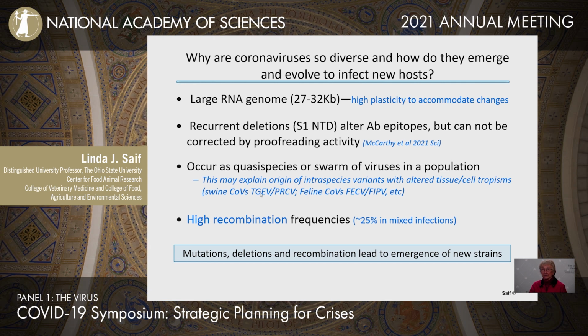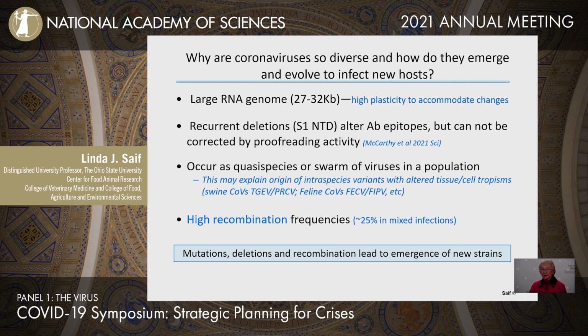I'm going to talk about the pair, the enteric strain and the variant of the enteric strain in swine, the porcine respiratory coronavirus. We had the feline coronavirus with an altered tissue tropism from enteric epithelial cells to macrophages, which provides a systemic infection, and this then results in feline infectious peritonitis in some cats that's fatal.